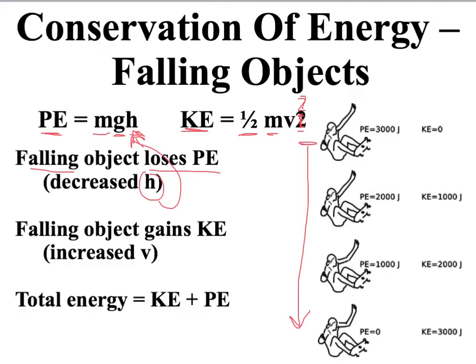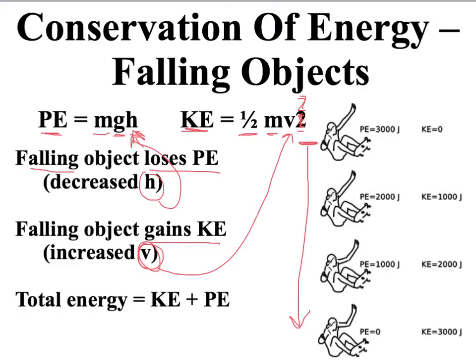When he's at the peak here, he's not going to be moving at all. He'll be absolutely still in air for just a brief moment, and then he'll begin to fall because gravity's pulling on him. As he falls, he's going to be gaining kinetic energy because his velocity is increasing. And you can see from the formula that velocity and kinetic energy are directly proportional.